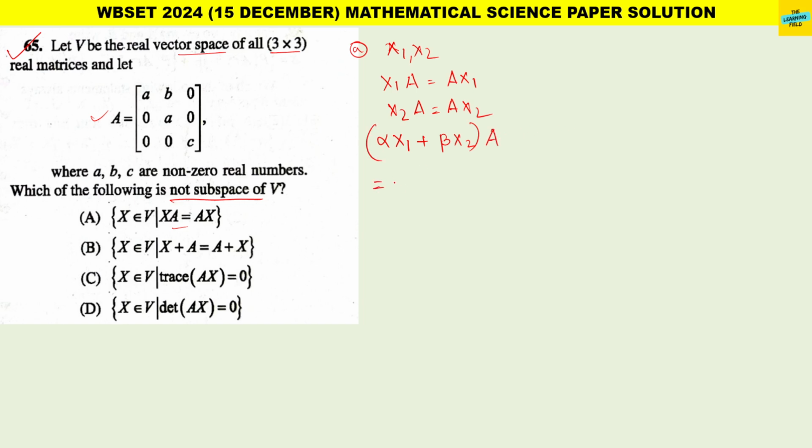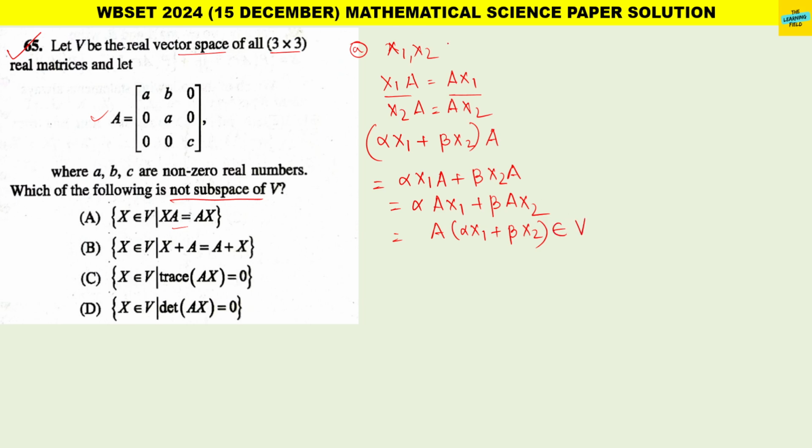So this is equal to alpha x1 A plus beta x2 A. And now since x1 A equal to A x1, we can write alpha into A x1 plus beta into A x2. This implies A into (alpha x1 plus beta x2).